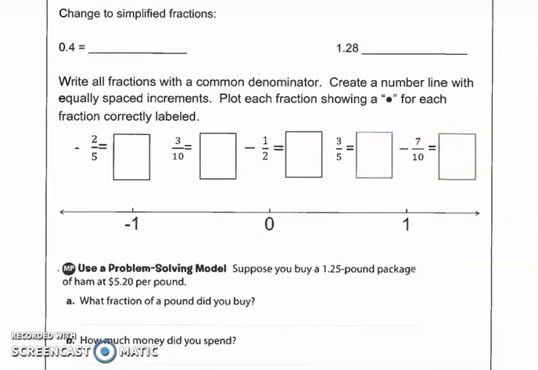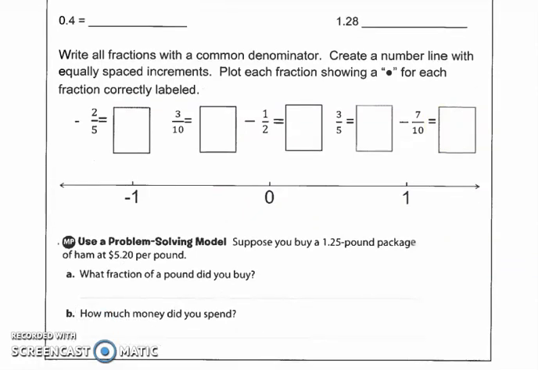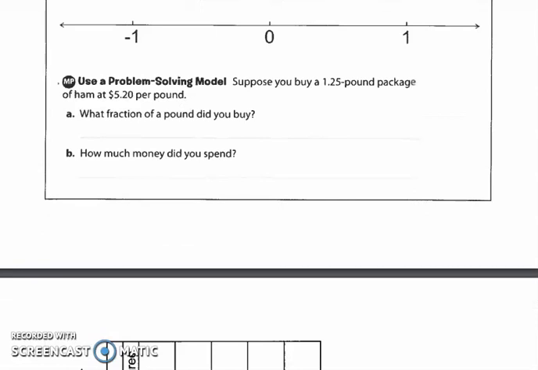And the last one says, suppose you buy a 1 25/100 pound package of ham at $5.20 per pound. What fraction of a pound did you buy? So what fraction? So this is my fraction here.